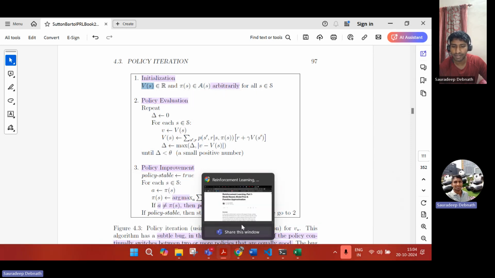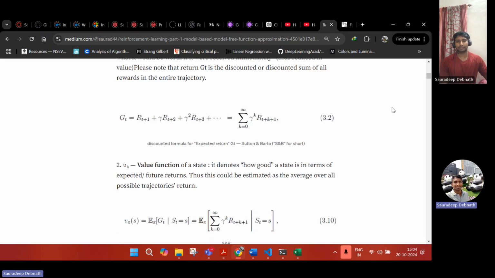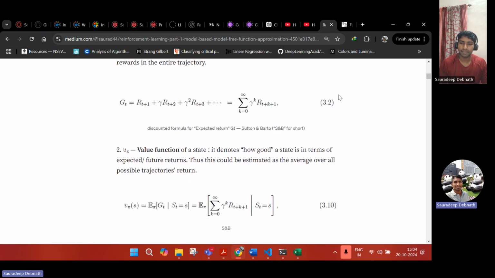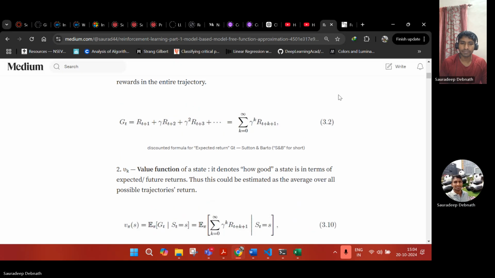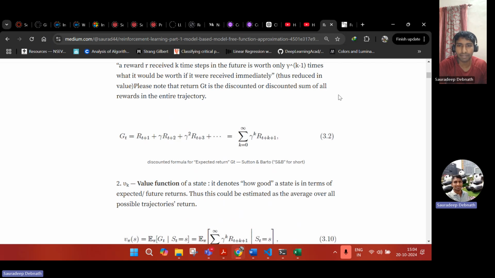For that, let's first understand what is called a return. Return is the sum of all the rewards we can get from a given trajectory, right? For example, suppose I am at cell 6 in the grid world, then I take 5 steps to reach the terminal state. Then I'm getting -1 reward at each step, so the return would be -5.